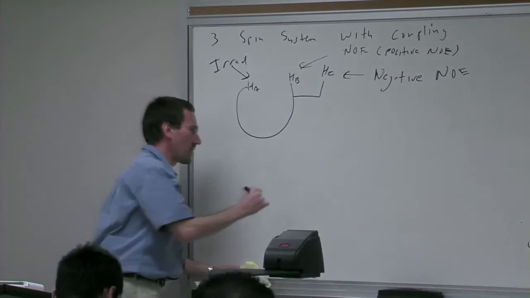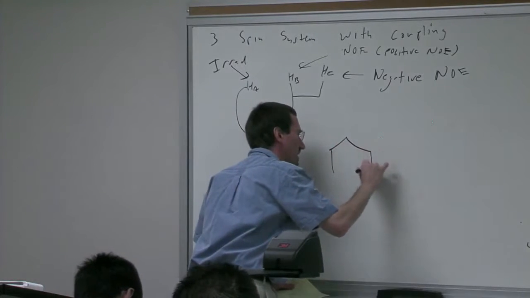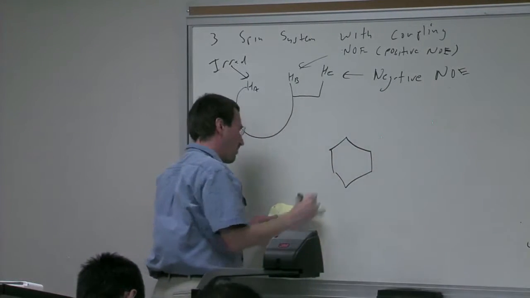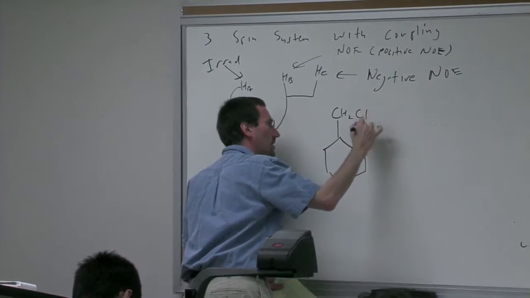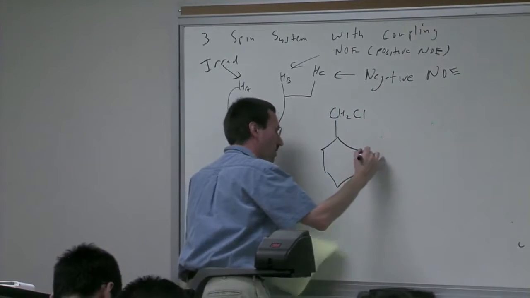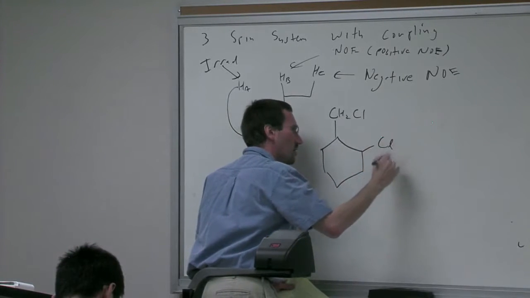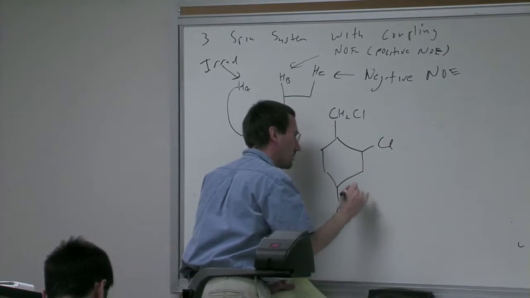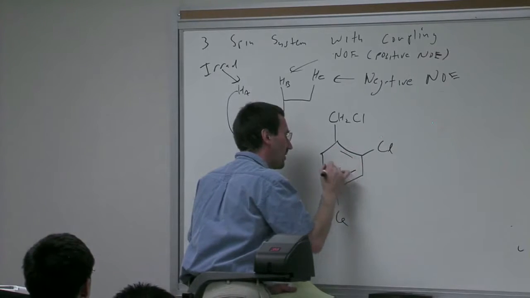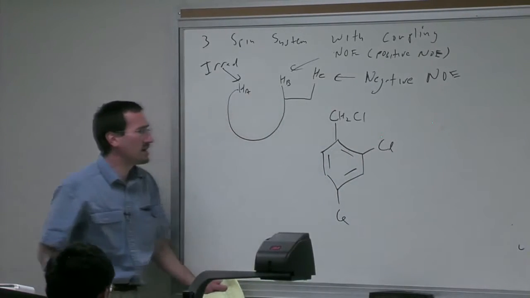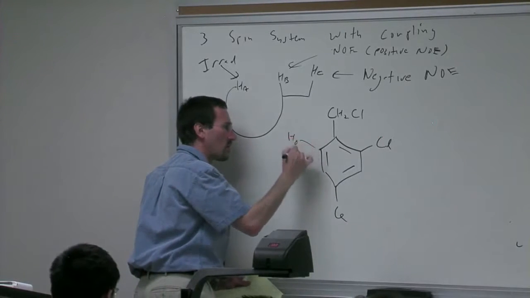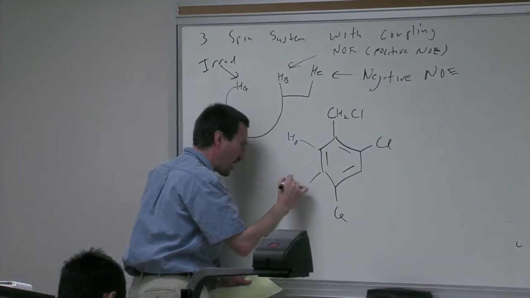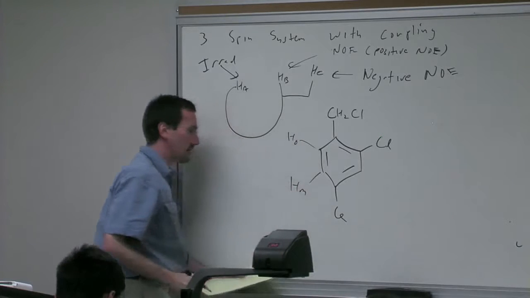But let me give you a real example, and I think this was taken from the Jerome book. The molecule in this particular case was a trichlorotoluene derivative, like so. We have an ortho proton and a meta proton.